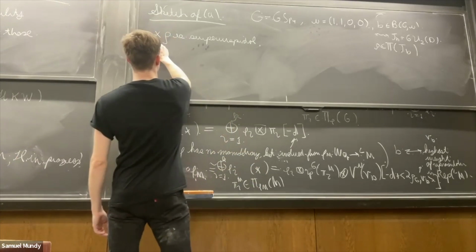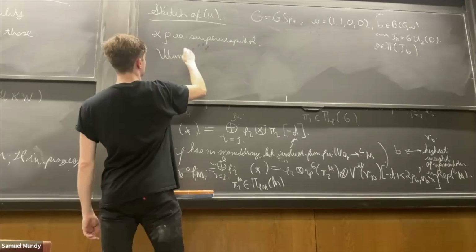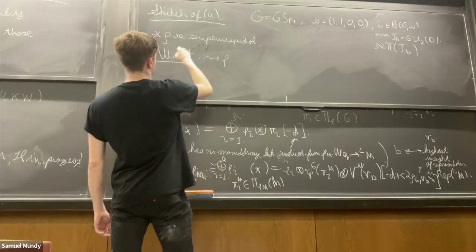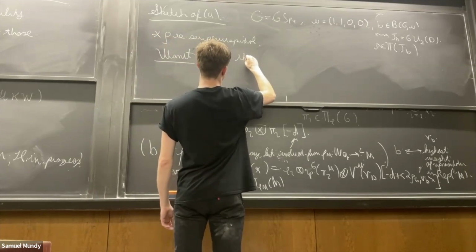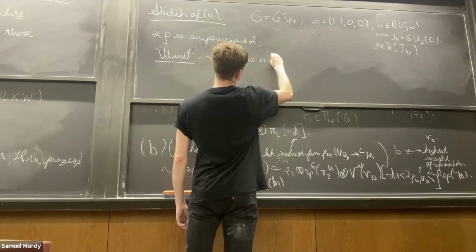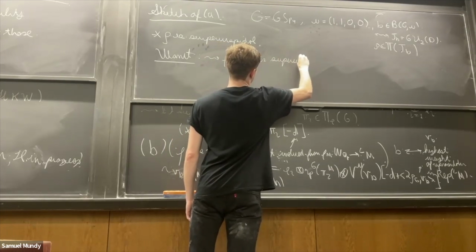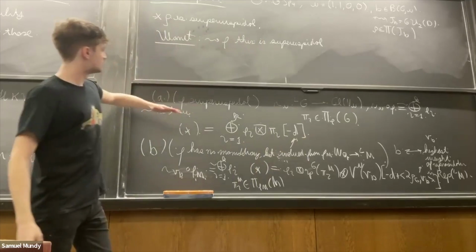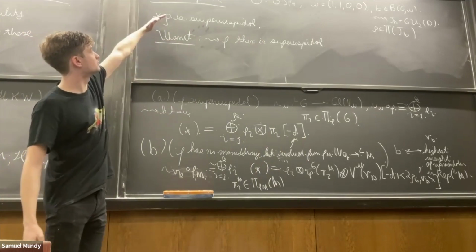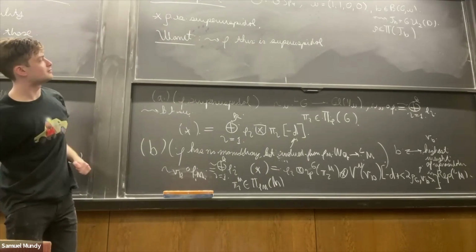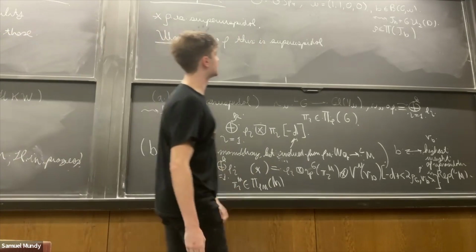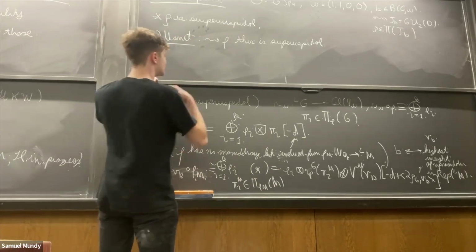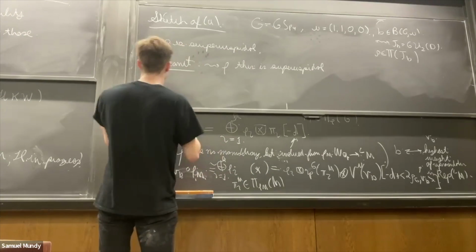So you want to show that this diagram commutes for this rho. What do you want to assume? You want to assume that if phi is the L-parameter attached to rho, then phi is supercuspidal. This is different from insisting that rho is supercuspidal. The reason is that phi being supercuspidal means that not only rho, but all the other members of the L-packet are also supercuspidal representations. And for GSp_4, that can fail. So what's the issue here?